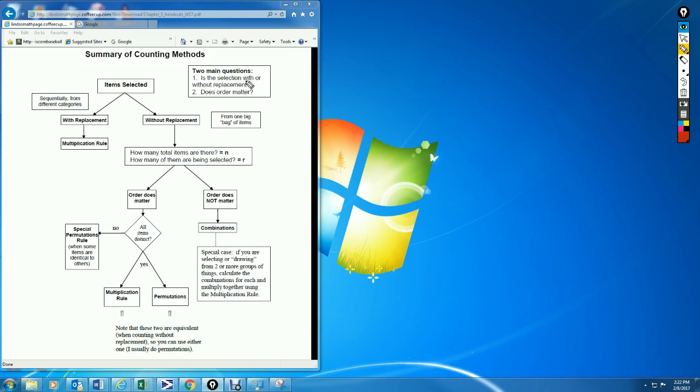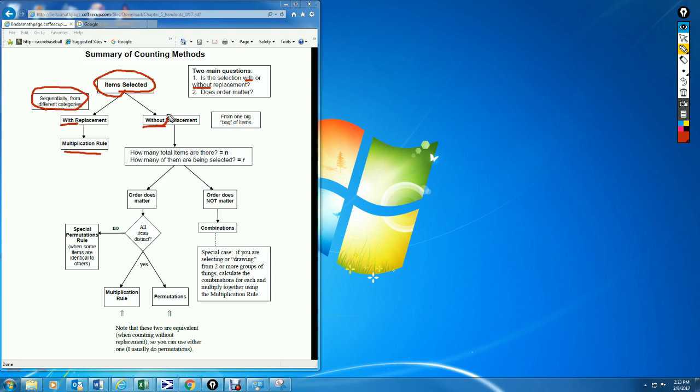Are you selecting with or without replacement? Okay, because right off the bat, when you decide if you're doing with or without replacement, that will decide which way you go on the flowchart. If you are picking with replacement, or in other words, you're just kind of doing sequential selections from different categories, then you will use the multiplication rule.